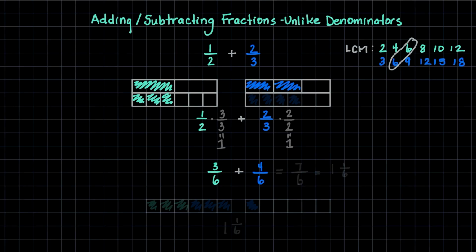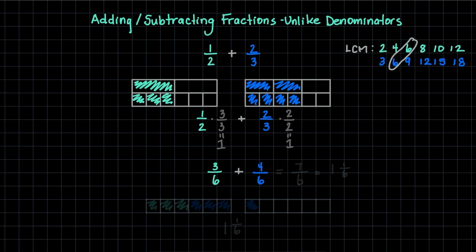Now let's look at 4/6. I have something split into 6 equal parts, and I have 4 of them. See how we have equivalents. 1/2 and 3/6 are the exact same size. 2/3 and 4/6 are the exact same size.